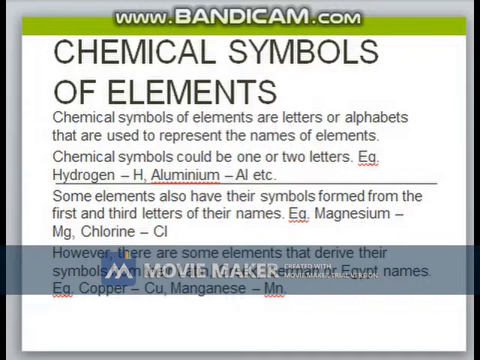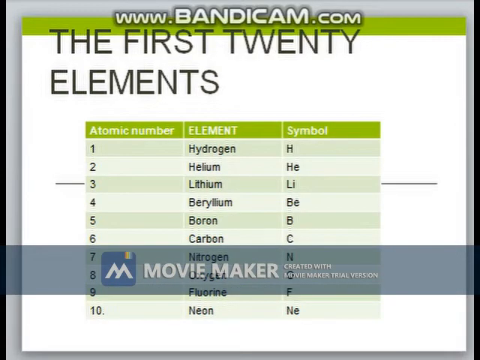It is important that we know the very first 20 elements, and there are various acronyms that are used in memorizing the first 20 elements. Remember that every element has its own unique atomic number with its symbol, so it is important you understand this whilst moving forward.